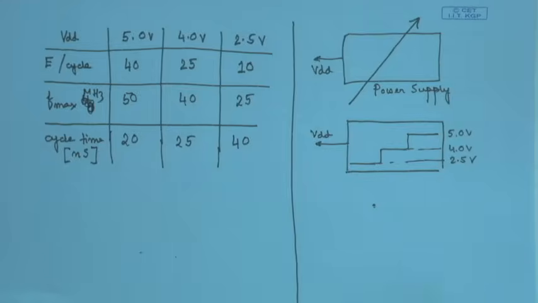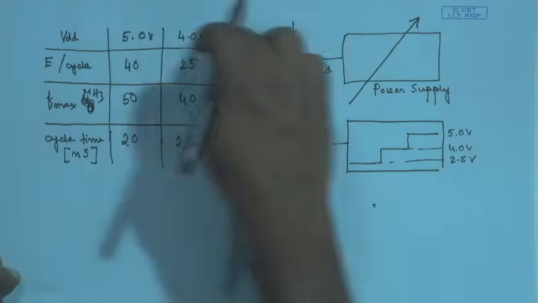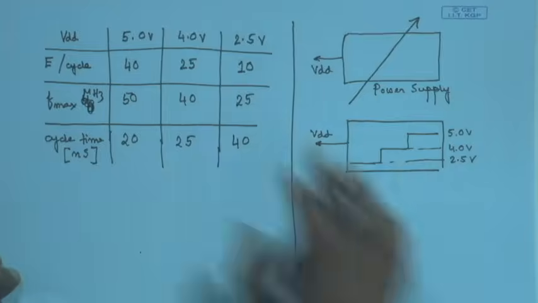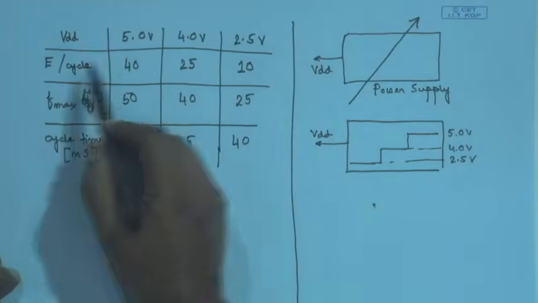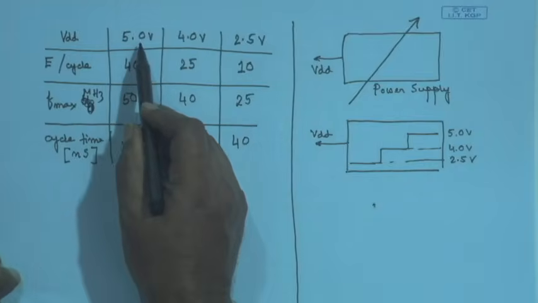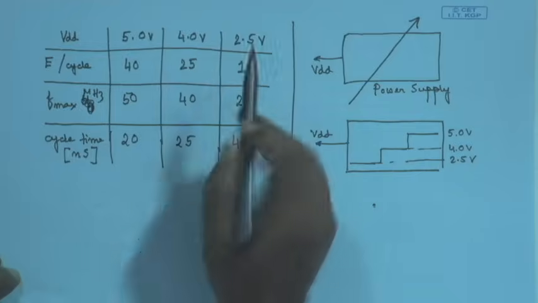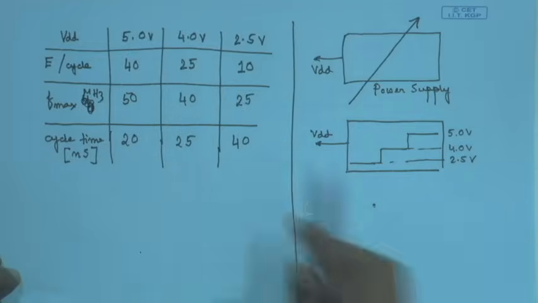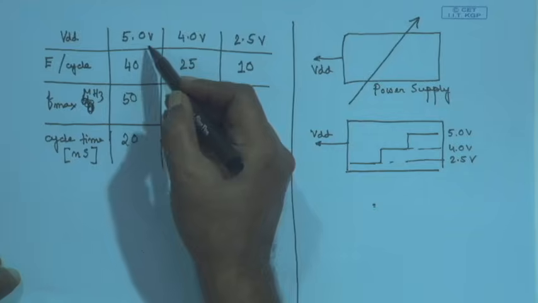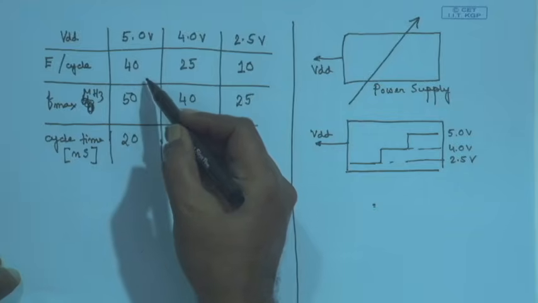Now, we have got that. So, I have this choice: I can run it at 5 volt, at 4 volt, or at 2.5 volt. Consequently, corresponding to each of them, I will have so much energy consumed per cycle.